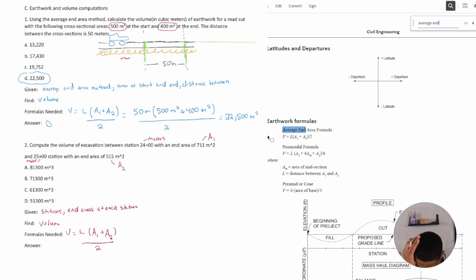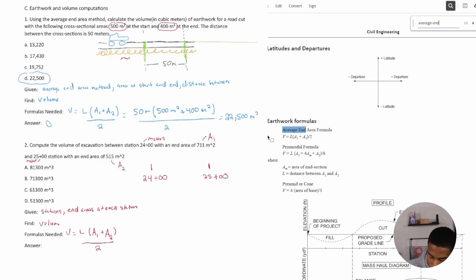What would my length be? Well, my length is the distance between two stations. So I have 24 plus 00 as one station, and then I have another station, which is 25 plus 00.